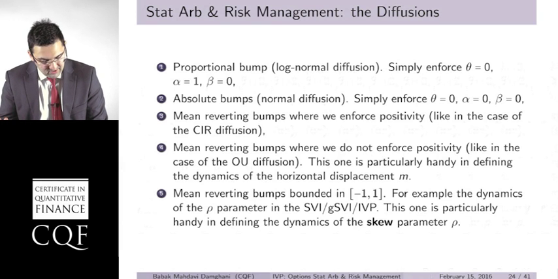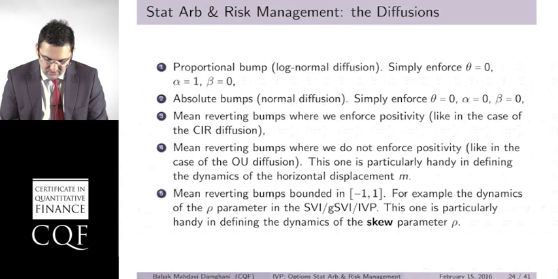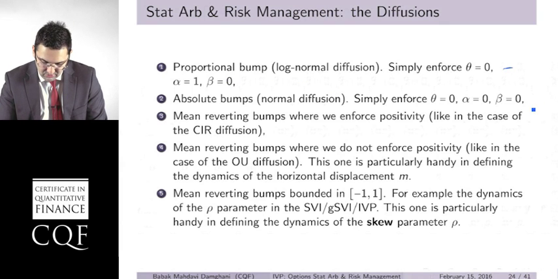Okay, so that generalized bumping methodology allows you to explore all the known diffusions or most of the useful diffusions in the financial industry. So you have proportional bumps here, called log normal diffusion. You have the absolute bumps here, so quite good with rates, mean reverting bumps, and then a mixture of some of these things above. So a stochastic process which is bounded here between -1 and 1.